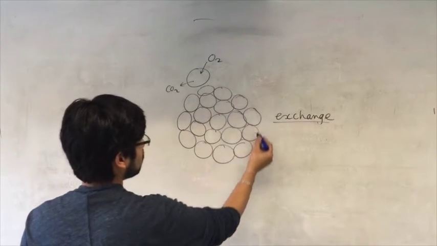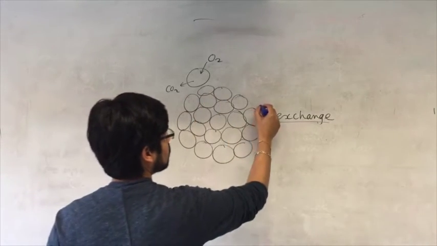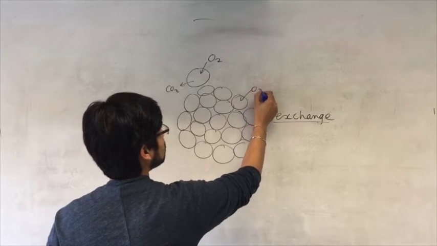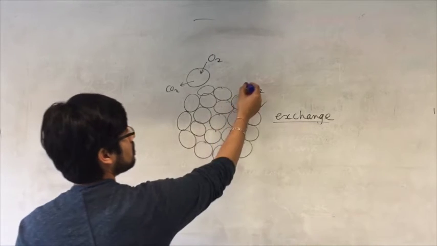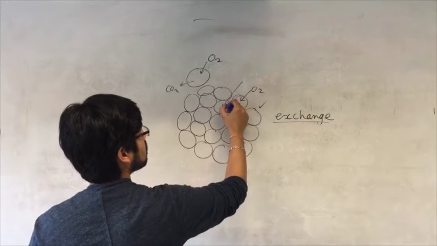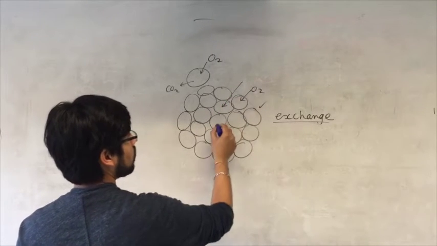These cells on the surface, fine, great. For them, it's easy to get the oxygen that they need. But what about this cell? The diffusion distance is higher.